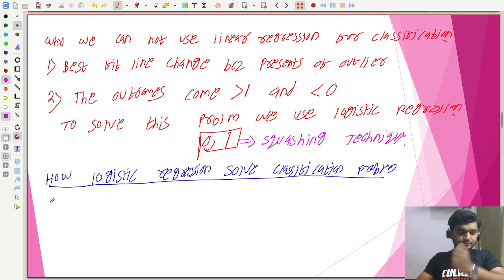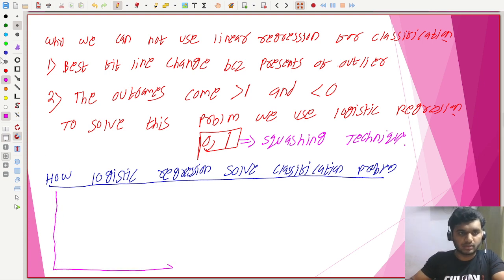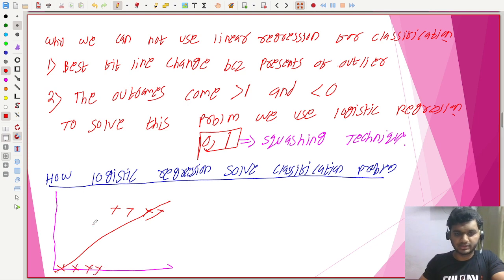So you know the previous line will be like this, I will not draw it again and again. Some points are present here and some points are present here. Here you notice the output of the logistic regression is only 0 and 1, that is pass or fail.